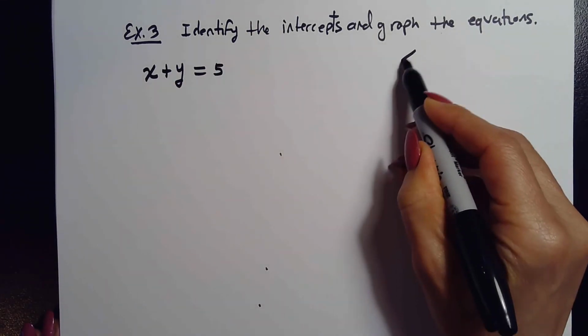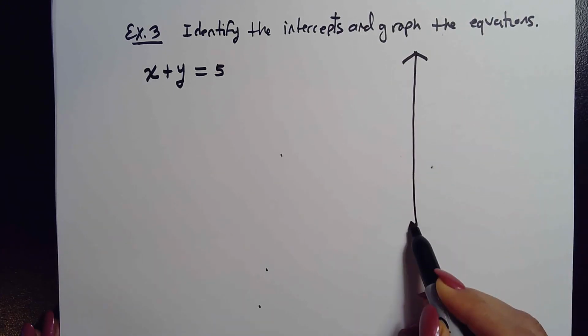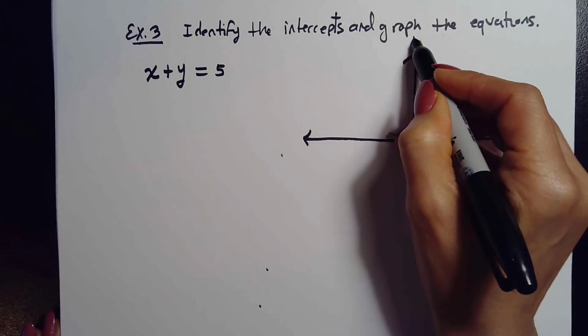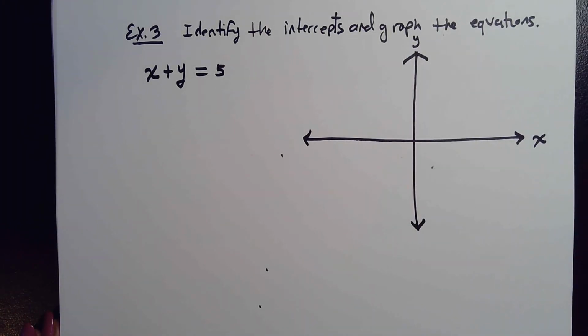Okay, so whenever you're trying to graph a linear equation, you have to remember that linear equations are just lines, right? And so when you graph them, you really just need 2 different points to graph them. And then you extend, that will give you a line segment, and then from there you can just extend, right?